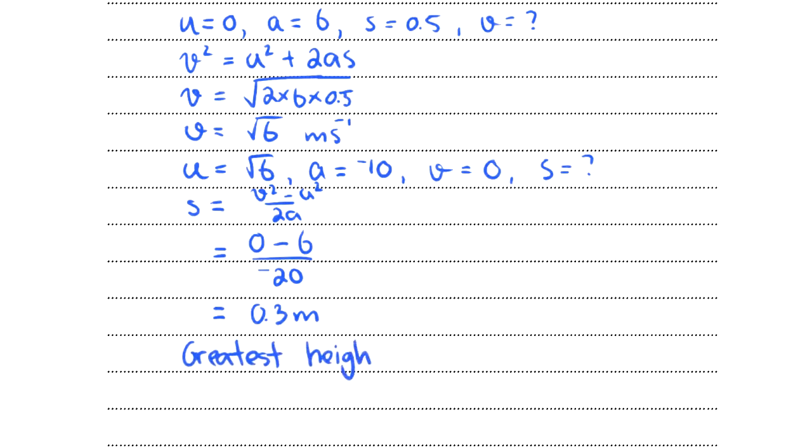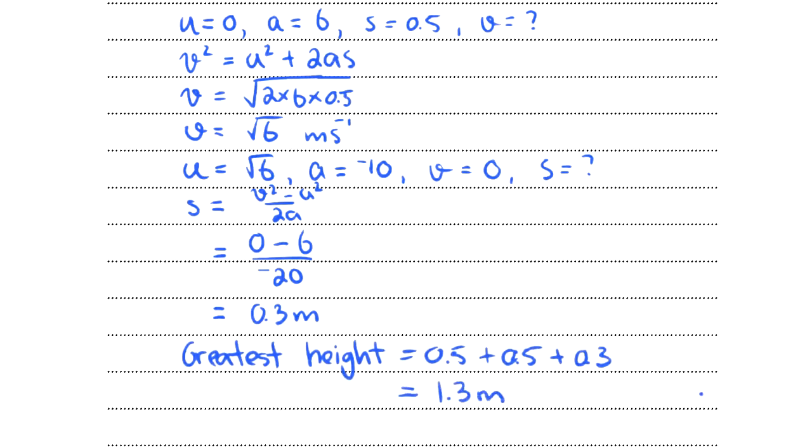Because if you remember, it started at half a meter above the ground, and it then traveled another half a meter while the 0.8 was pulling it downwards, and then it traveled 0.3 till it came to rest.